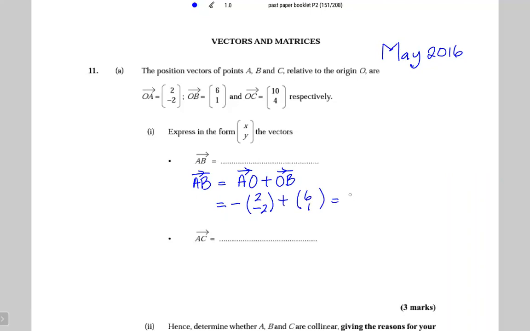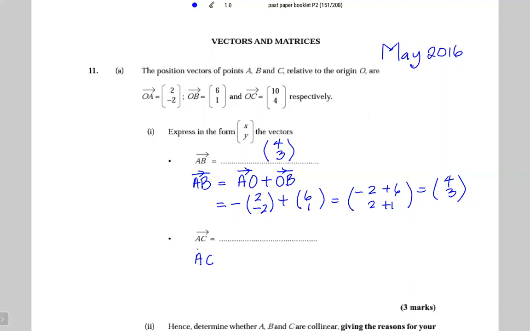So this would be -2 plus 2, and -6 plus 1... and so we have (4, 3). So AB is the vector (4, 3).